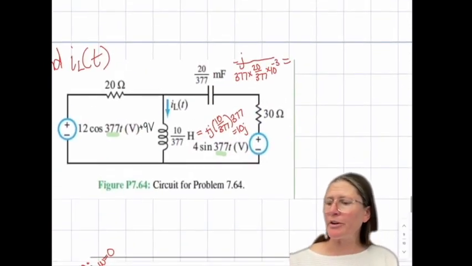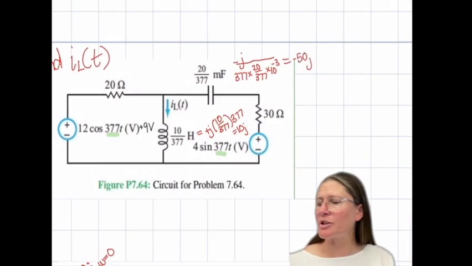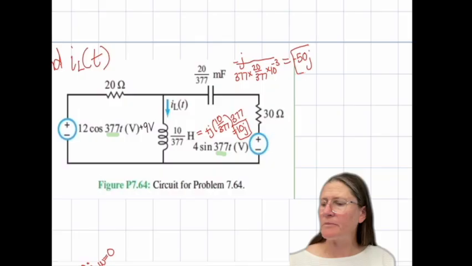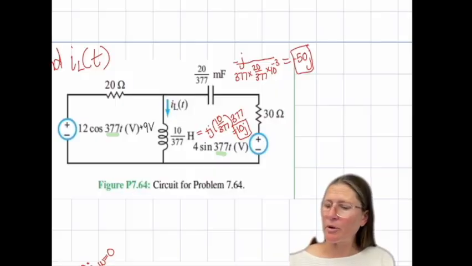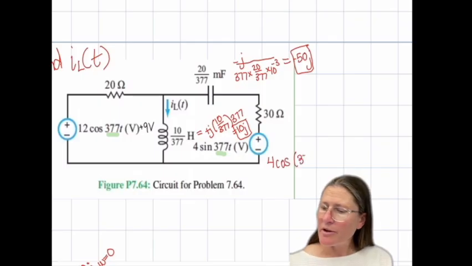For AC, you're going to convert these. So this ends up being minus 50j, and this one is 10j. This 4 sine goes to 4 cosine 377t minus 90 degrees.